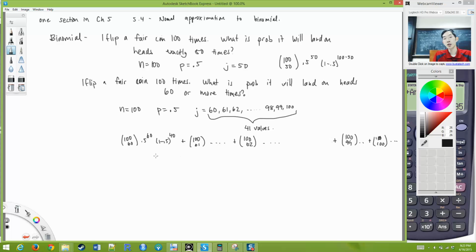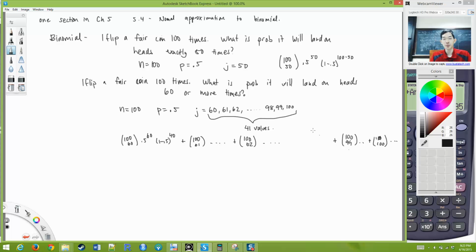This would be a lot of work to do by hand, and you will probably make a mistake somewhere along the way. And all of these values out here are going to be incredibly close to 0, that you won't even want to bother writing them down on paper. Well, I will show you how to answer this with the computer in a moment, but if you had to do this by hand, this would be a terrible thing to impose on you.